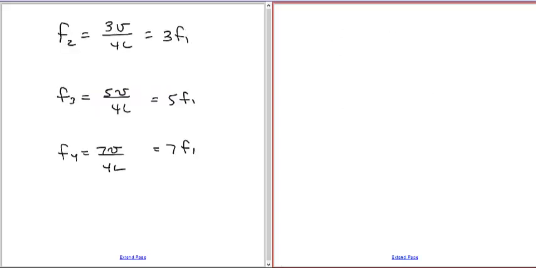Okay, so let's talk about the Doppler effect. And basically this is the effect on observed frequency because of the relative motion of the observer and the source. So let's give some variables here.